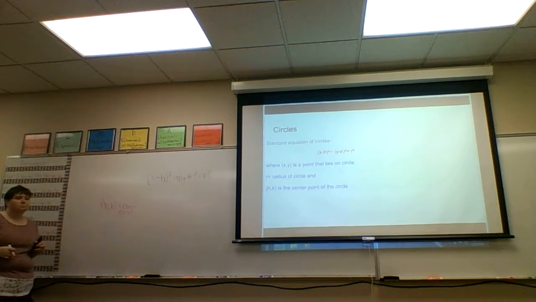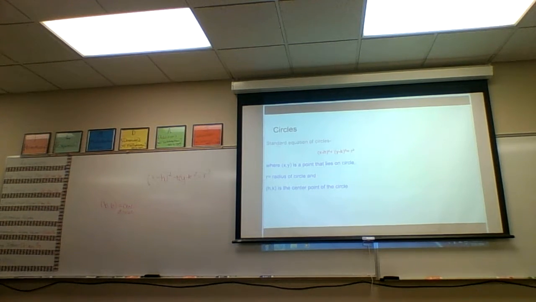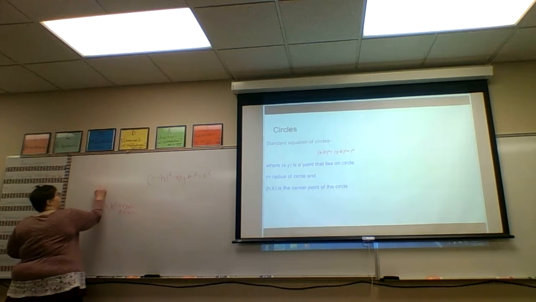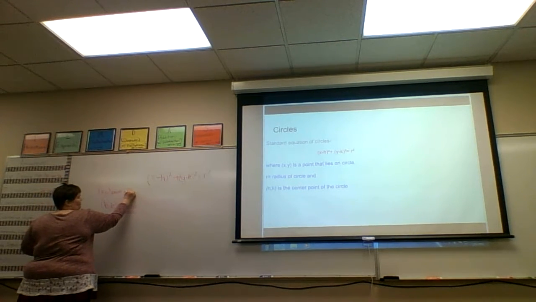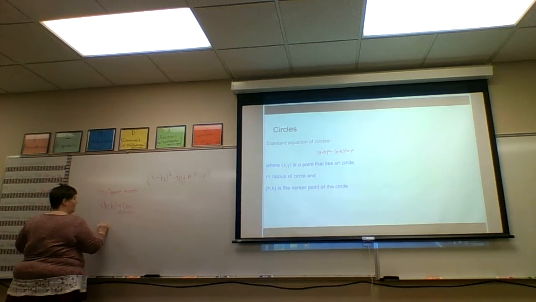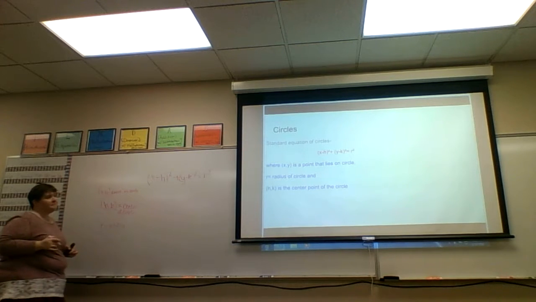Both H and K are the center of my circle. You would probably think X and Y, but in this instance, because it's the center of the circle, we call it H and K. Same thing though. X and Y is a point on the circle. And R obviously is the radius.